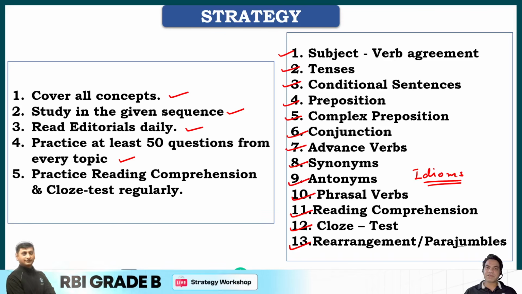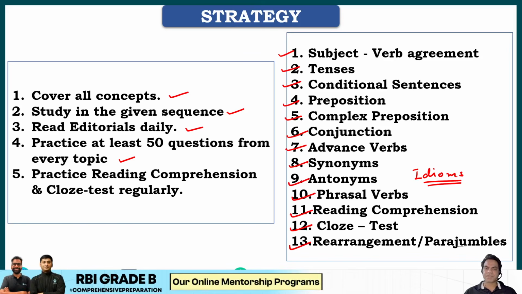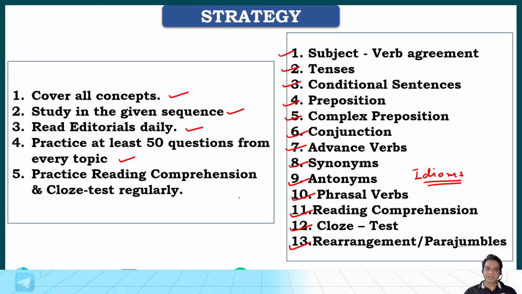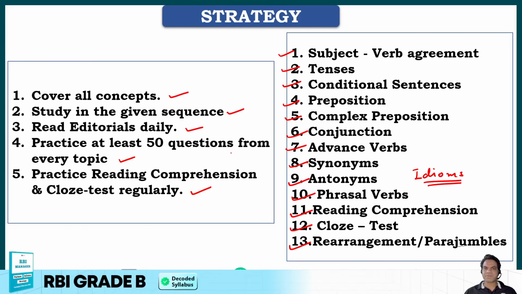If you are not covering the other topics that are not mentioned here for grammar, you should not skip those topics altogether. You should at least practice questions from them and see if you want to brush up on any concept or not. And then practice reading comprehension and cloze test regularly, guys. This is really important because this improves your speed and accuracy as well. So that should be a strategy.